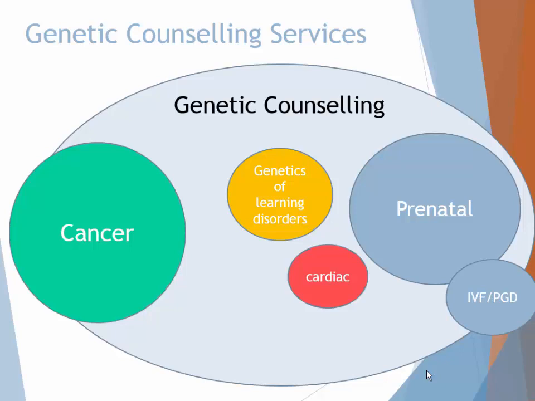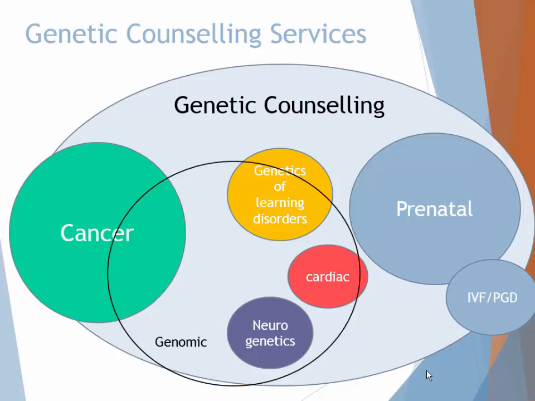There's specific cardiac genetic clinics, and there's clinics that are specific for neurogenetics. And obviously, as part of that genomic testing, where they're now doing more thorough testing and looking at whole genomes or whole exomes, is something that's been considered in a number of those fields.